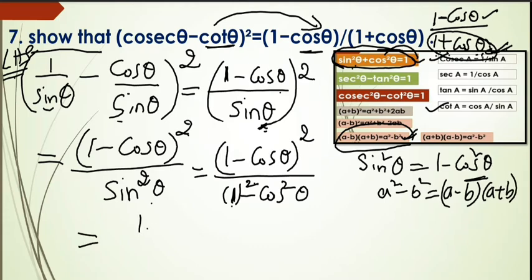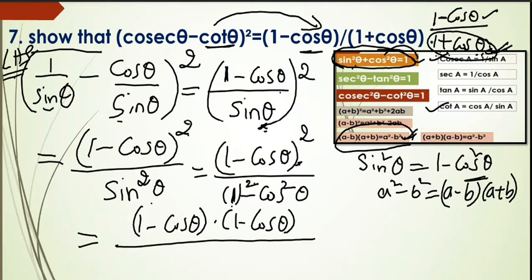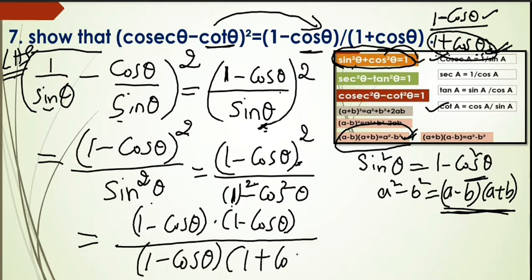The numerator is 1 minus cos theta whole square, that means 1 minus cos theta into 1 minus cos theta, 2 times 1 minus cos theta we have to multiply. And the denominator a square minus b square means a minus b into a plus b, so 1 minus cos theta into 1 plus cos theta.